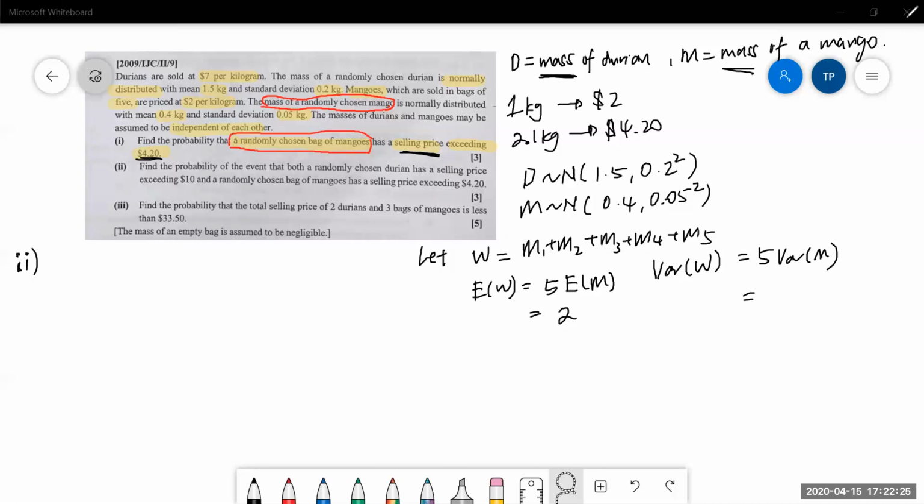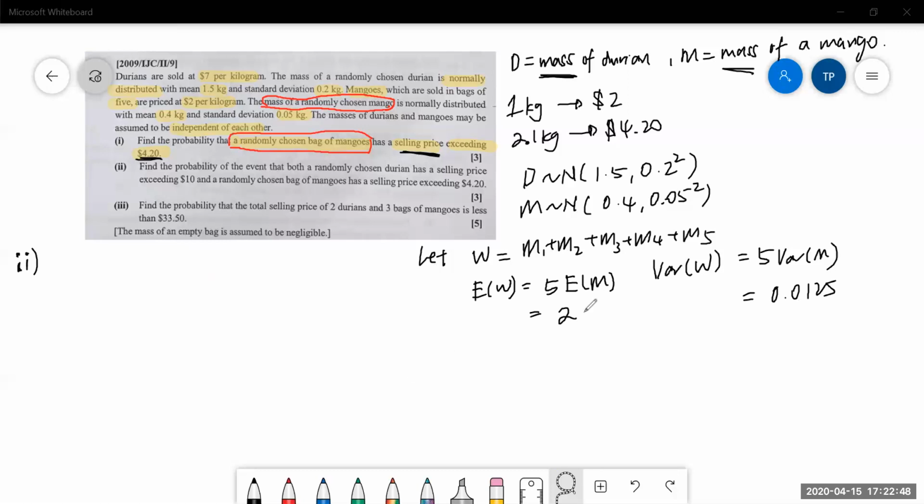Of course. 0.0125. You times 5 already, right?